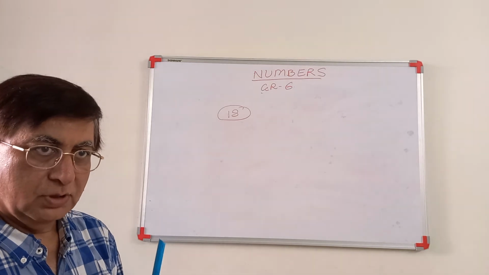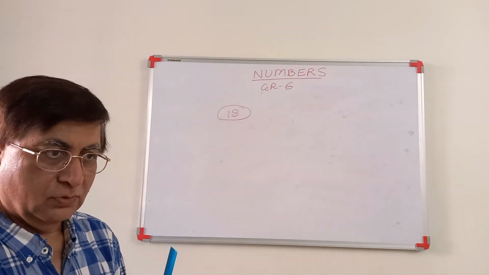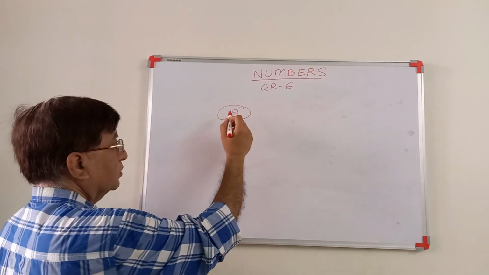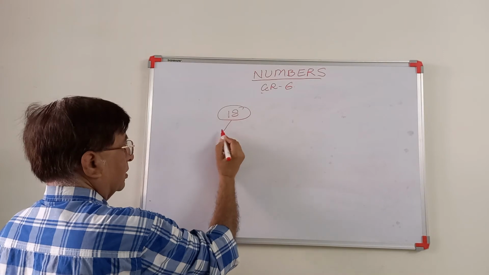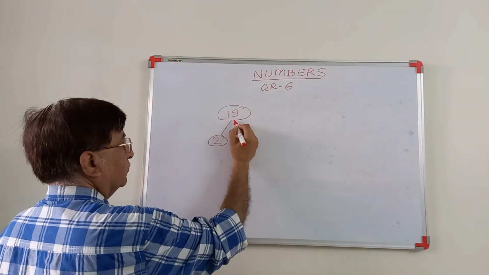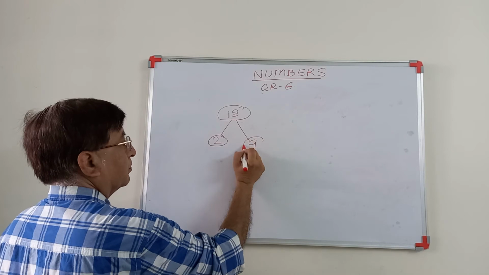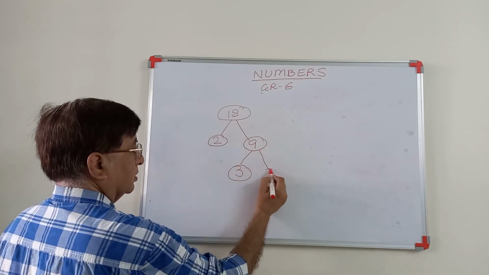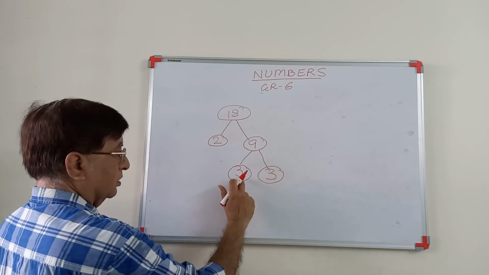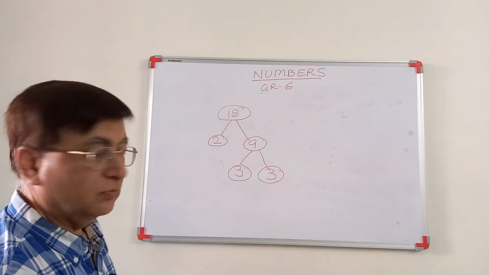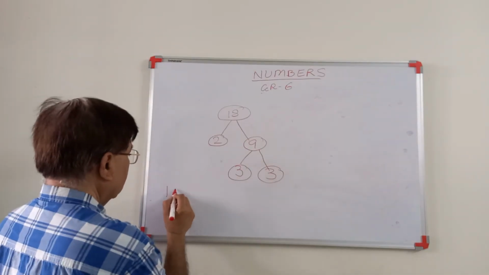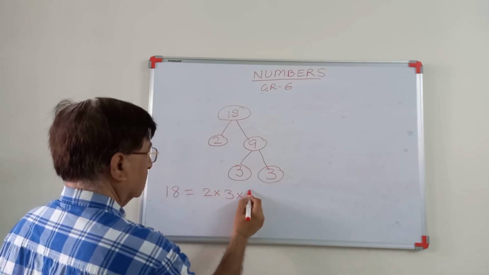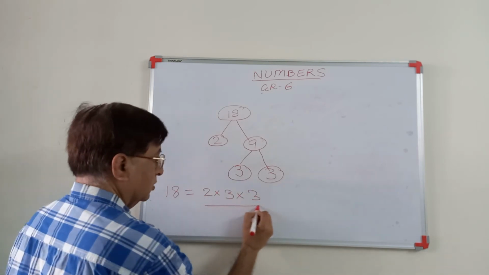So we reduce the number by dividing it with certain numbers, and we find all the prime numbers, and when we multiply those prime numbers we get our original number. So 18 can be divided by 2, so we get 9. 9 is divided by 3, so we get 3. Now these are prime numbers, and this cannot be divided anymore, which means the factors of 18 are 2 times 3 times 3.